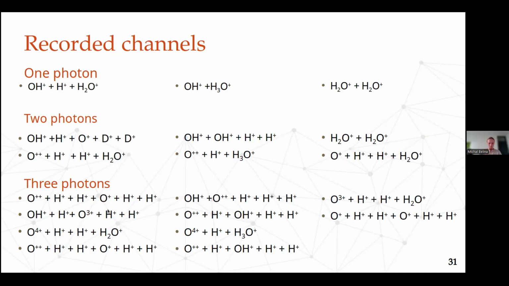So from the theoretical point of view, it's almost impossible to really precisely describe all of these channels or find the pathway, what exactly is happening in order to create a given channel.